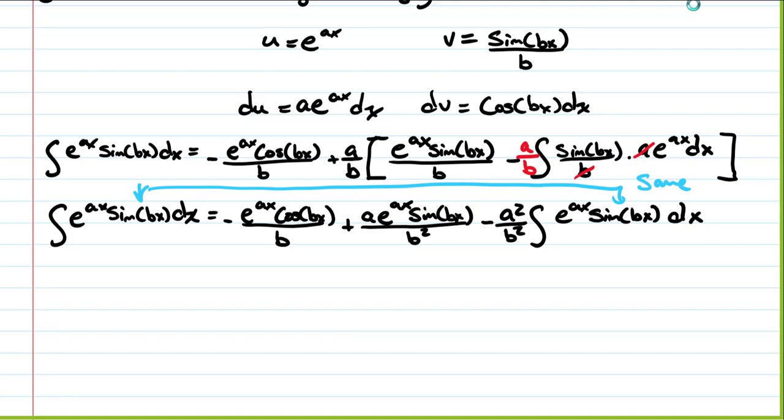We have an equation, right, with an equal sign. So we can add that integral to both sides of this equation. So I can add a squared over b squared, the integral e to the ax sine bx dx, to both sides.